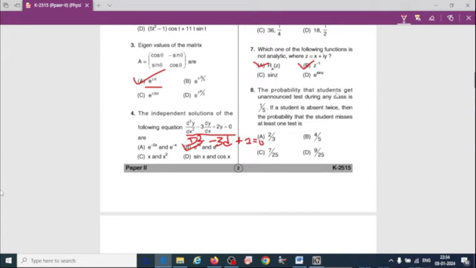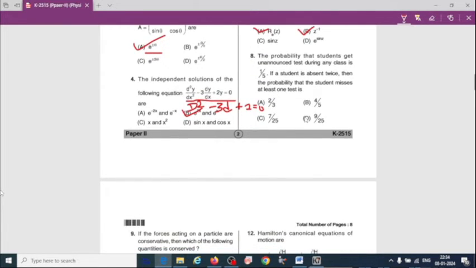The probability that students get unannounced test during any class is 1 divided by 5. If a student is absent twice, then the probability that the student misses at least one test is. So option here.